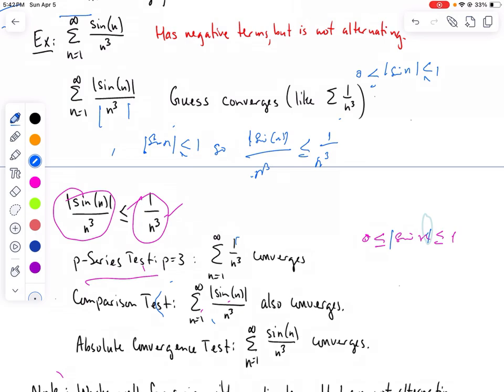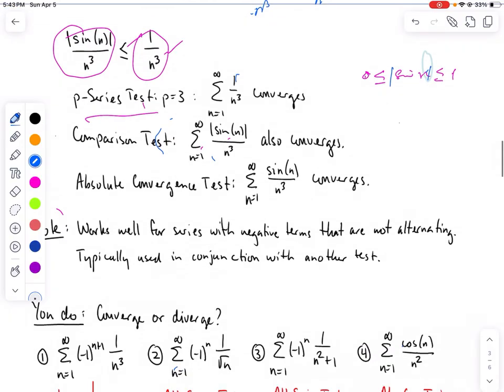Also, by the absolute convergence test, we can now say that the summation of sin n over n cubed will also converge, so that the series sin n divided by n cubed is absolutely convergent.